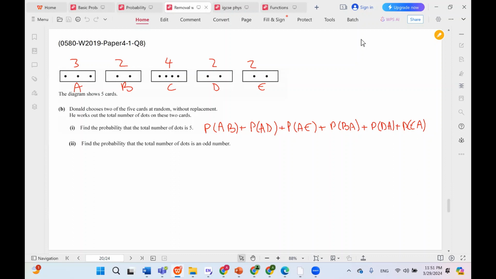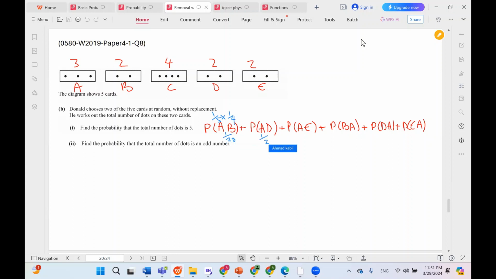Now, since they are 5 cards and they are all equally likely to be chosen, the probabilities here are all actually equal to each other. So for the first one, A would be 1 over 5, and then B would be 1 over 4, and this would give us a total of 1 over 20.